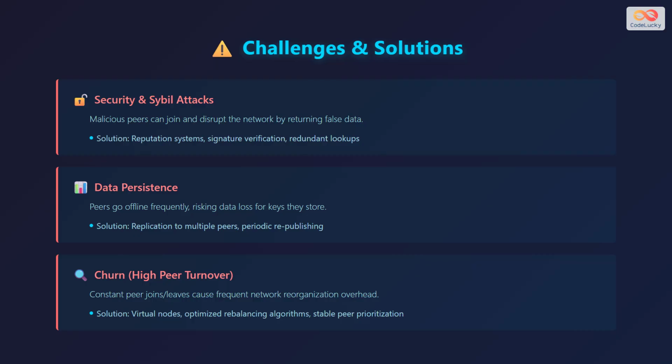Solutions include replicating data to multiple peers and having peers periodically republish their data to refresh it. Third, churn, or high peer turnover. The constant joining and leaving of peers causes network reorganization overhead. Solutions include using virtual nodes to represent multiple peers, optimizing rebalancing algorithms, and prioritizing stable peers in the network. These solutions make DHTs practical for real deployments.